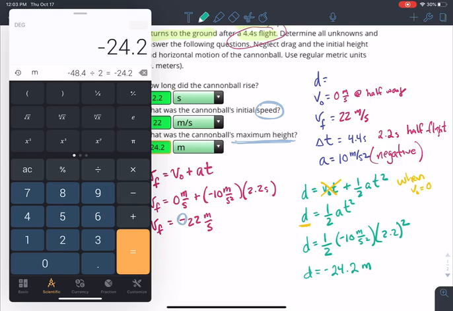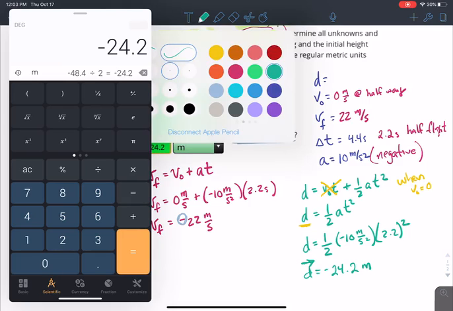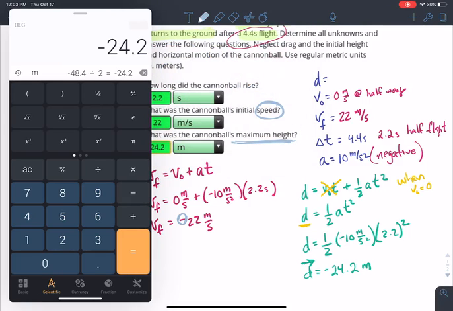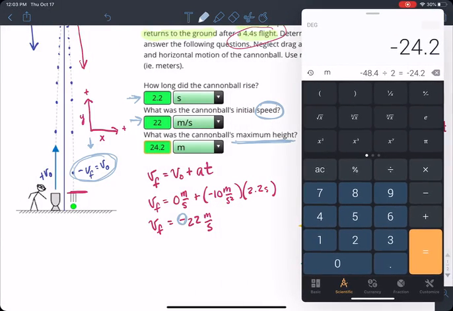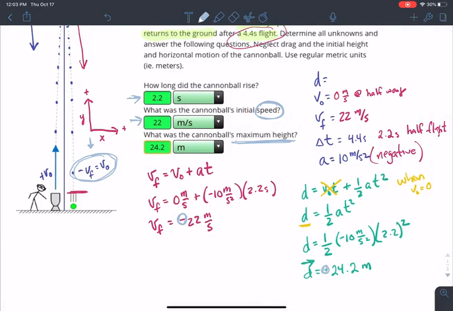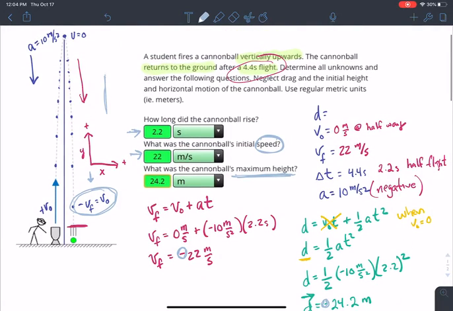Again, because displacement is a vector quantity, that negative sign is telling us that it's in the down direction. And let's try and make some sense of this. We analyzed this whole problem from this part here, so whatever happened on this side of the problem must be opposite in sign on this part of the problem.